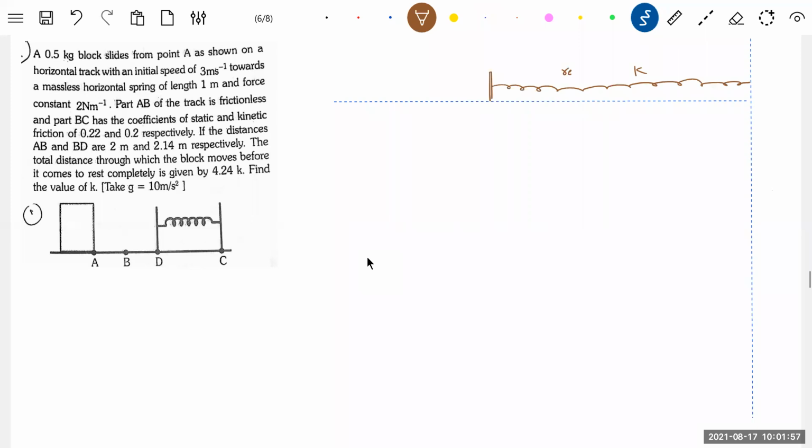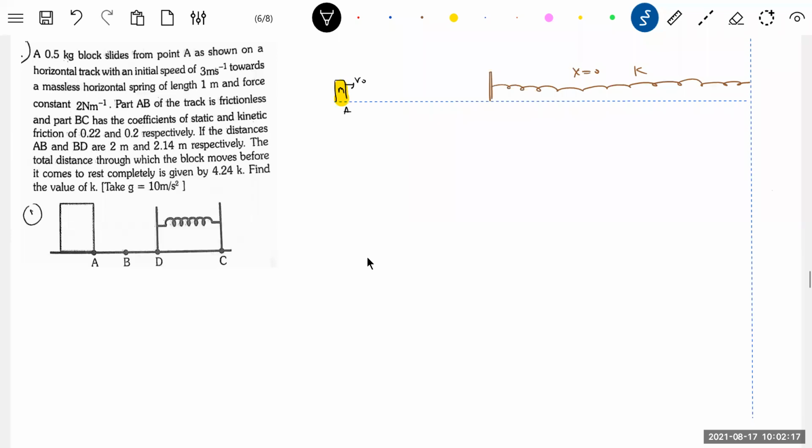This is spring relaxed, or x equal to 0, I'll write it, that is enough. We have a block here. So it is given initial speed v naught.